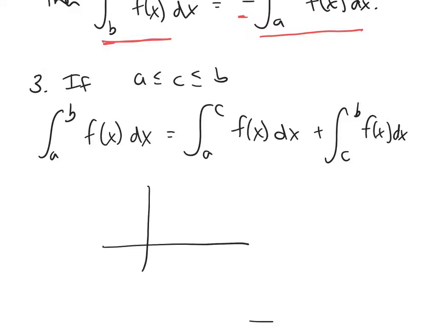So here's maybe I have a function that looks like this, and I want the area from a to b. So I want the area of this whole shaded in region. And so now I have a c in the middle of a and b. And so what I do is split it up into this area plus this other area. And so if I add up those two areas, it'll give me the area from a to b.